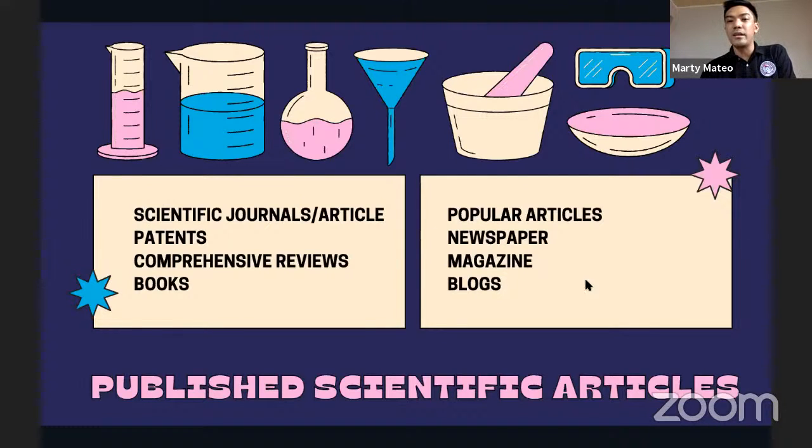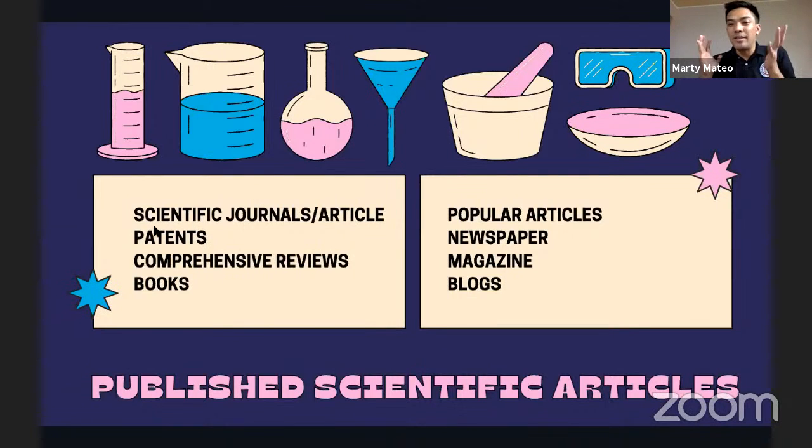And the other one are popular articles or articles in the newspaper like news features about science, magazines, and blogs. These are the more laymanized terms and are intended for the general public. Ito naman for the scientific community.